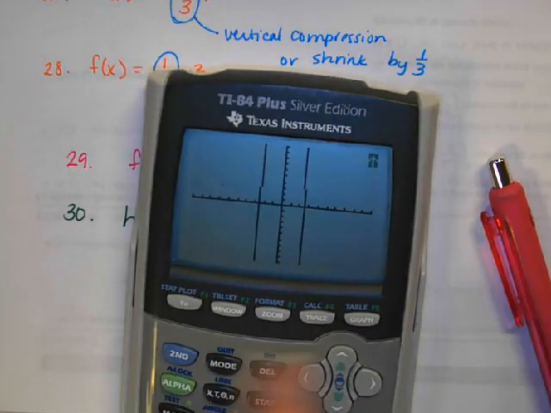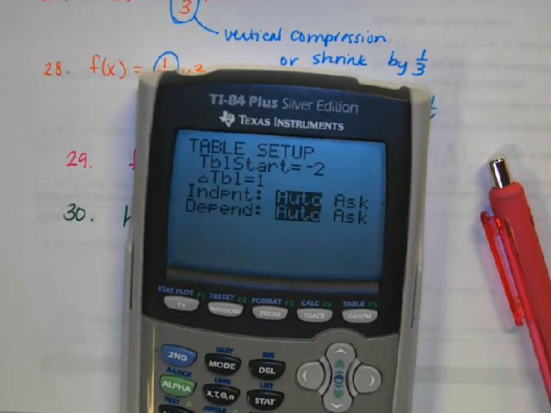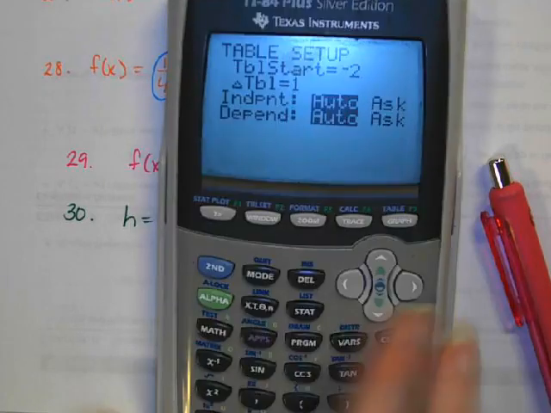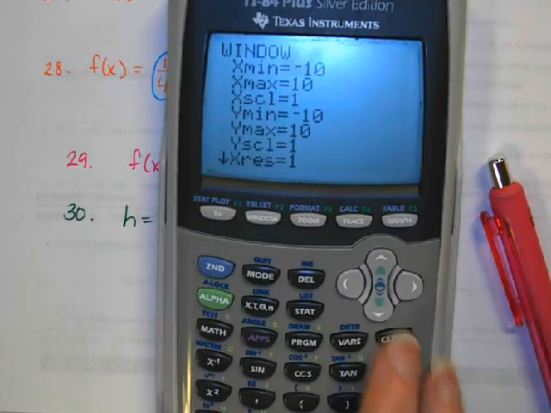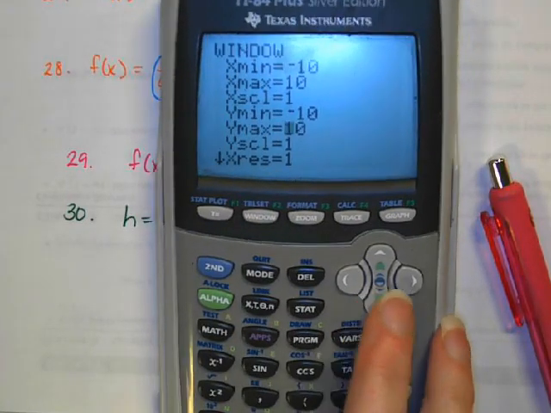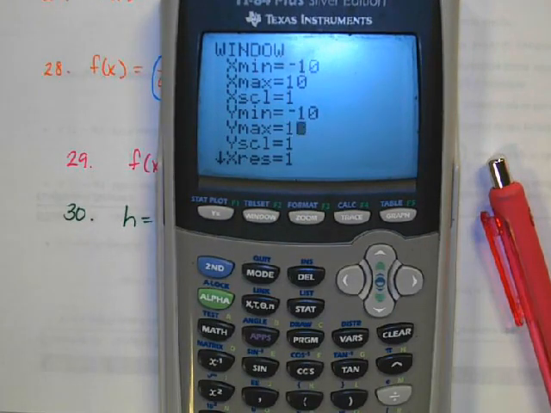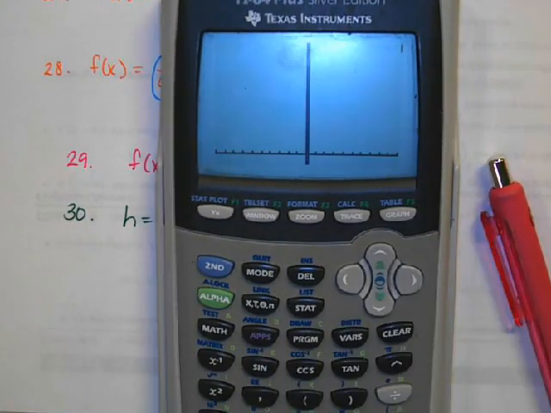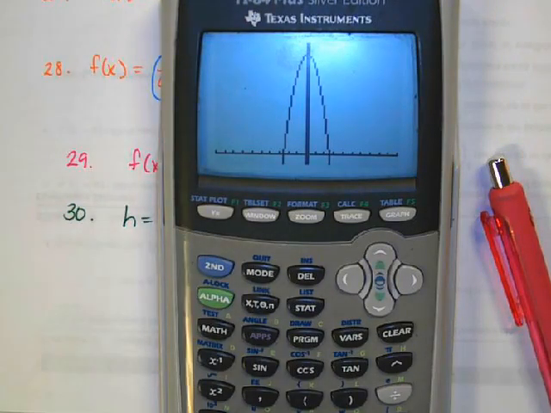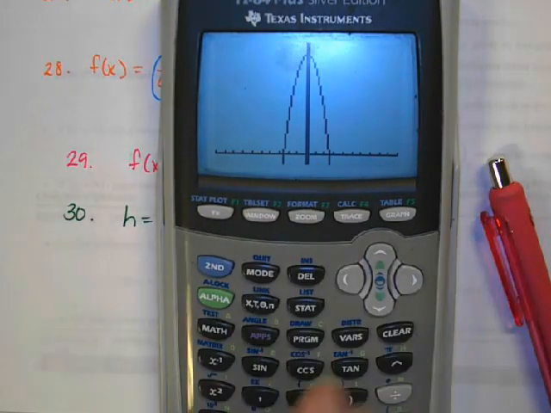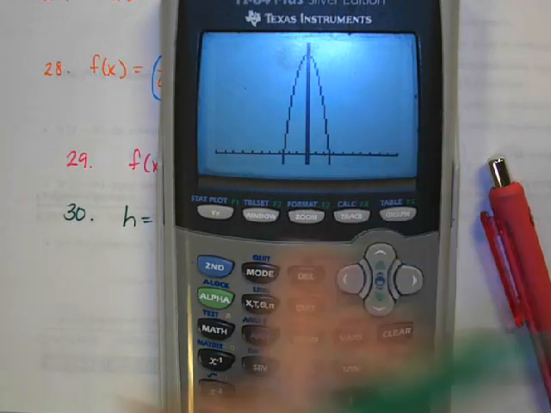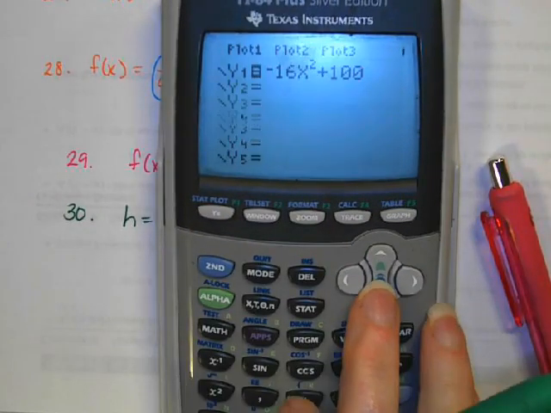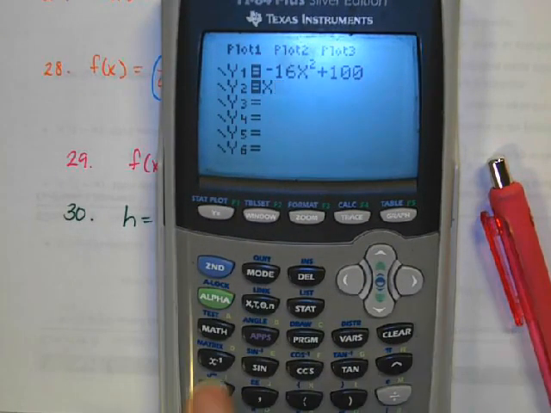It doesn't show on my window, so I'm going to adjust my window real quick. I know I need to go up quite a bit higher. It goes to 100 feet, so let's start at 110. Yeah, there we go. So this is still the origin down here, so the original would have been right here. Let's look at the original one so you can see it. It would be x squared.